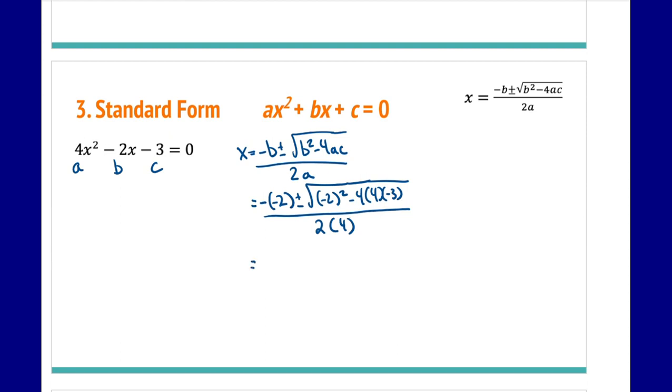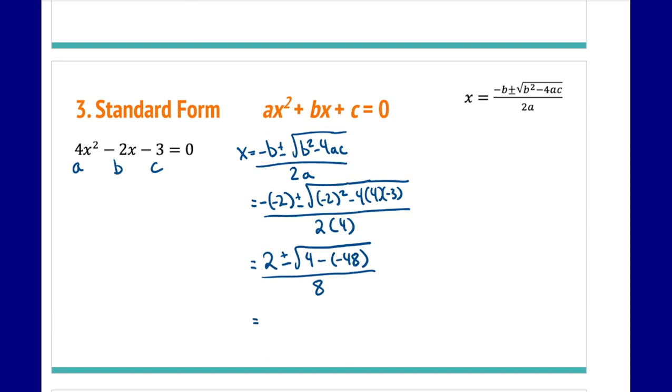A little bit confusing with the negatives, but again, all you're doing is substituting values in, and now you're going to go through and calculate. So negative 2 becomes positive 2, right? A double negative just becomes positive. So 2 plus or minus the square root of negative 2 squared, which is 4, minus, which works out to negative 48, all divided by 8.